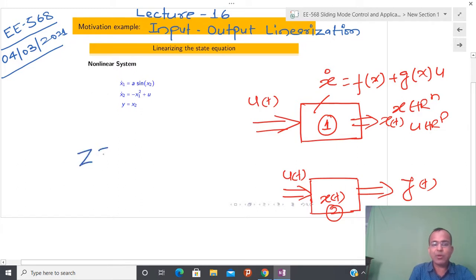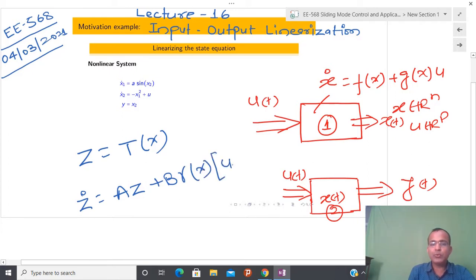So I have defined a transformation T(x) for that purpose, and after applying this transformation, we are claiming that I am going to convert the system into this specific form, u minus alpha(x). And after that, we observed that if I design the control u, that is nothing but gamma inverse(x), I am assuming that gamma is invertible, times v plus some kind of alpha(x).